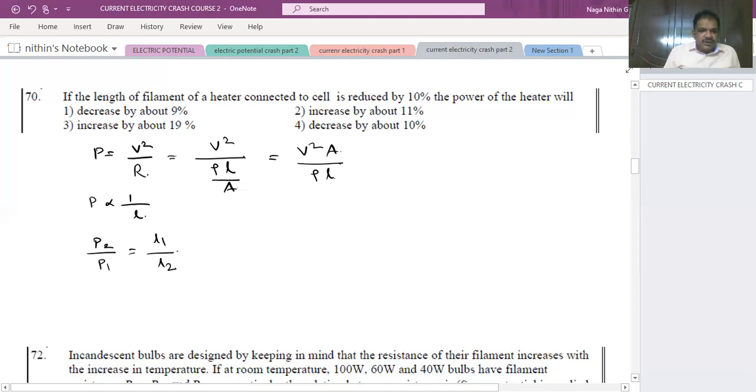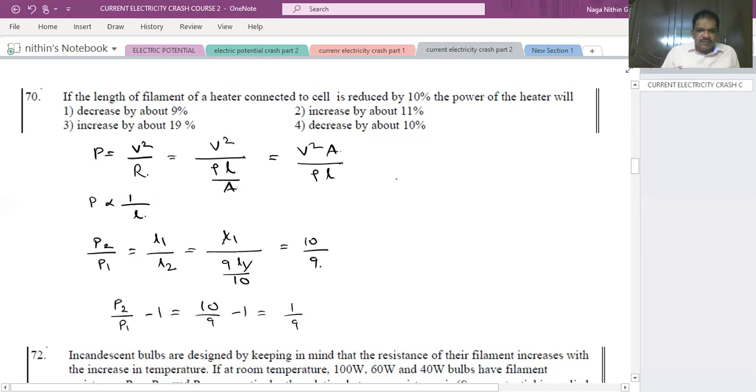Length is reduced by 10%. So it becomes 90 L1 by 100. So it becomes 10 by 9. So P2 by P1 minus 1 is 10 by 9 minus 1.